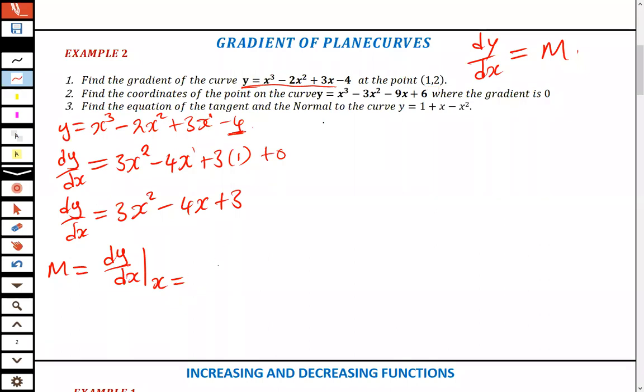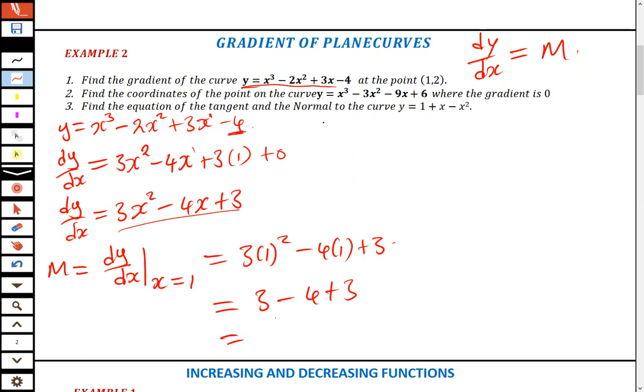So dy dx at x equals 1 is equal to, in this expression, wherever there's x, you put that 1. So you're going to have 3 times 1 squared, minus 4 times 1, plus 3. When you simplify, this will be 3 minus 4 plus 3, so 3 plus 3 is 6, minus 4.